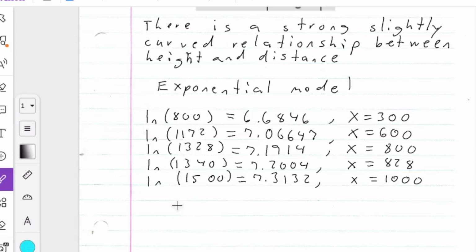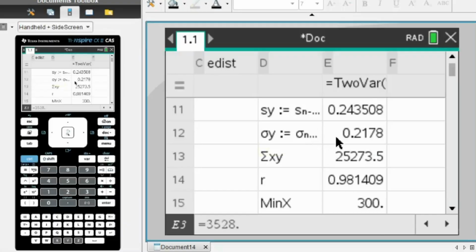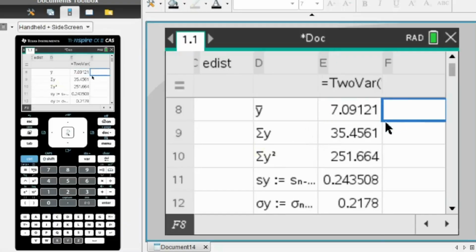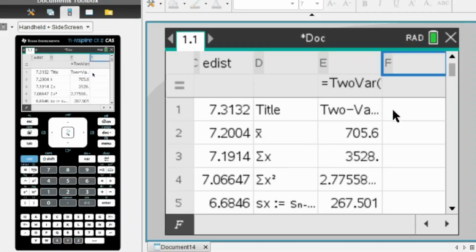So my R for this model is equal to 0.981409, which implies that R squared is equal to 0.963164, right?